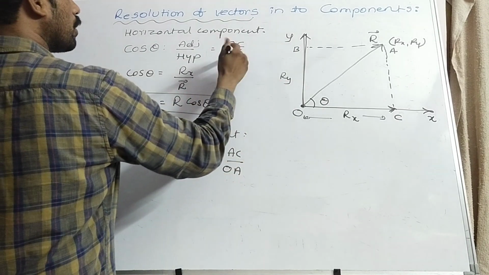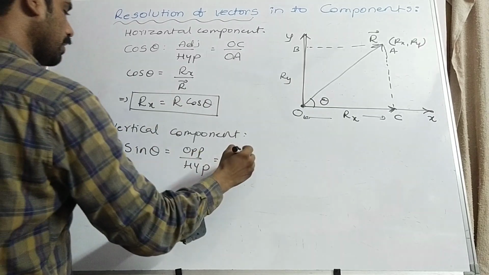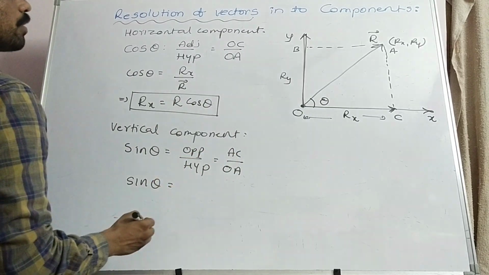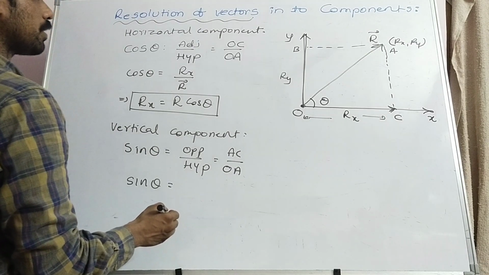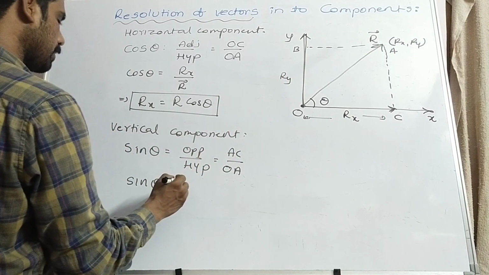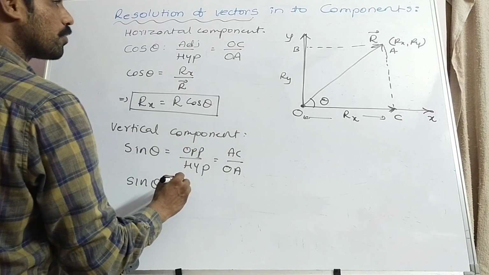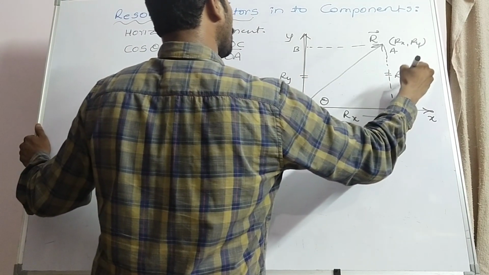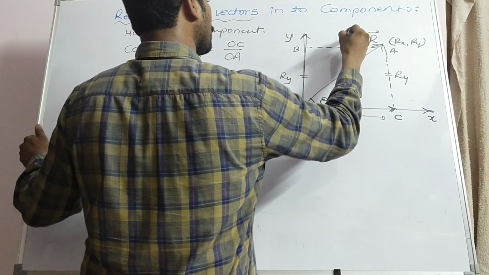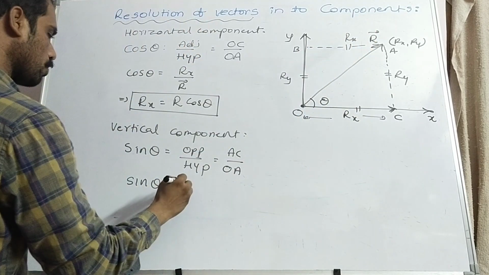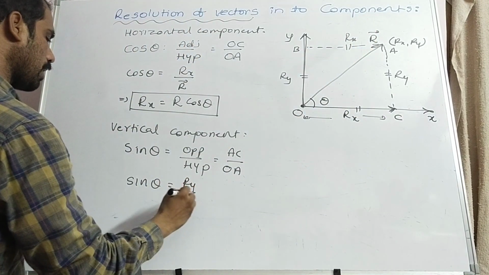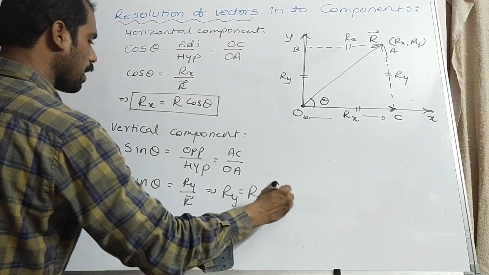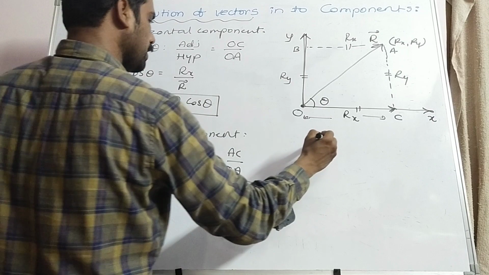AC is nothing but ry; if this is ry, this is also ry, and if it is rx, this is also rx. So sin theta is equal to ry by r bar, that implies ry is equal to r sin theta.